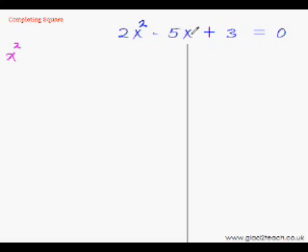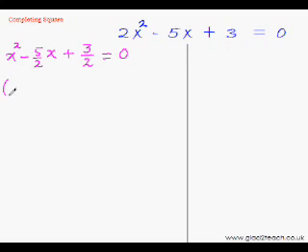And minus 5x divided by 2 will be minus 5 by 2 x. And similarly, this will be plus 3 over 2 equal to 0, as 0 divided by 2 will still be 0.